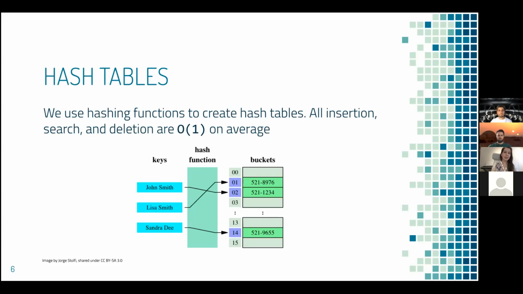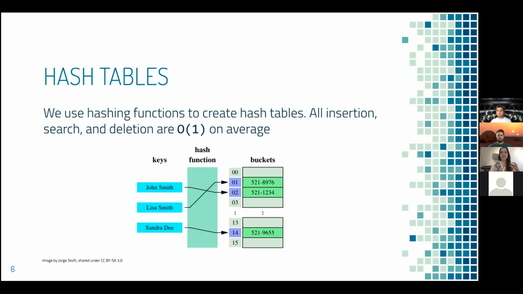And one of the nice things is that on average, most of the operations you want to do, like insertions, search, deletions, are all constant time. This is a picture I took from Wikipedia of how a hash function can be drawn. You have some keys, and you use your hash function to map them to certain buckets.